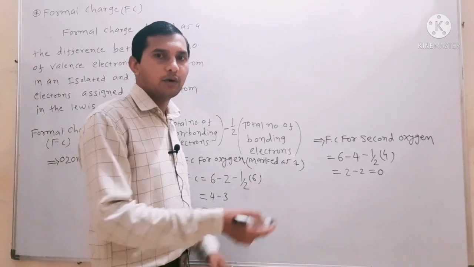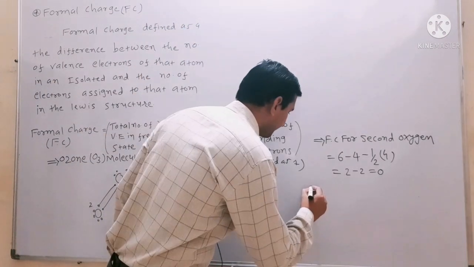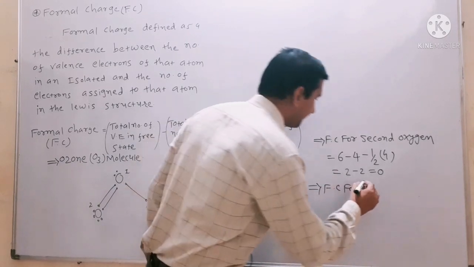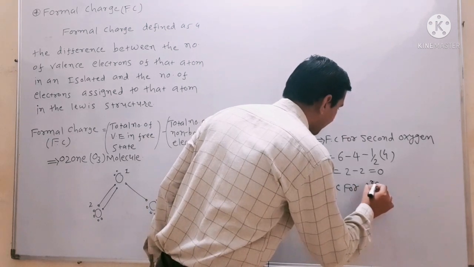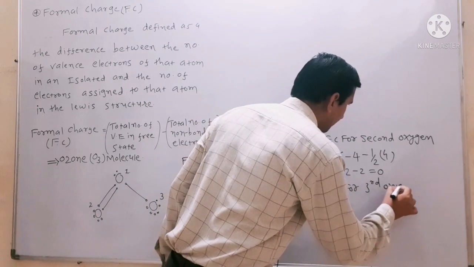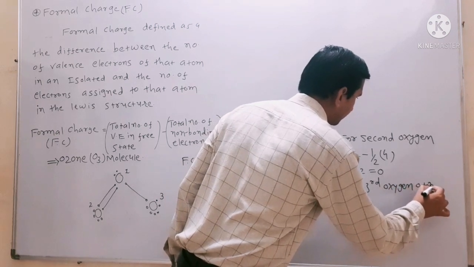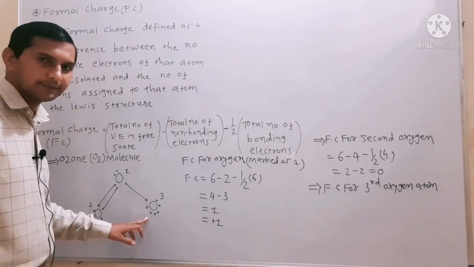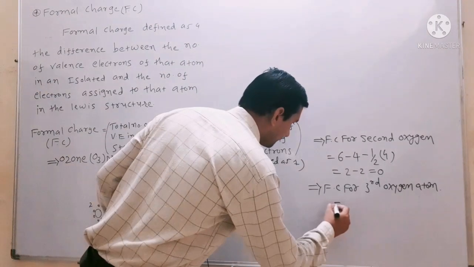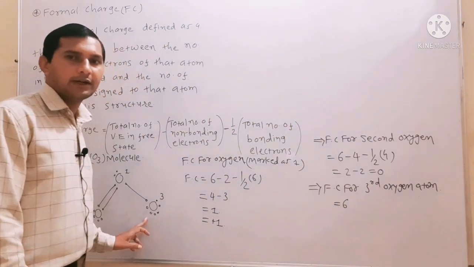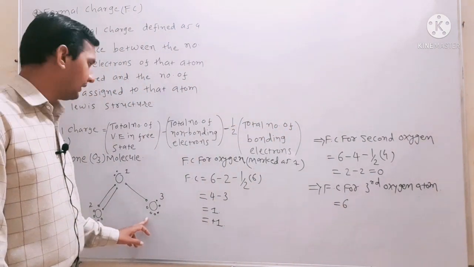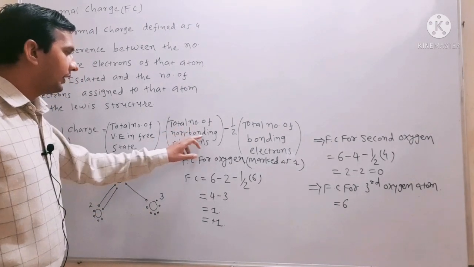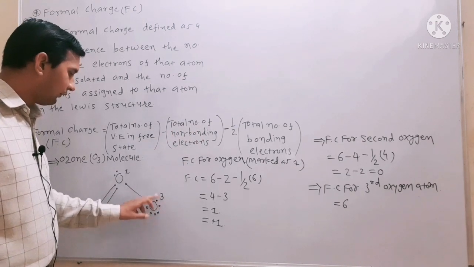Now calculate for the third oxygen. Formal charge for the third oxygen atom. The third one is here. Formal charge equals the number of valence electrons in free or isolated state, which is 6, minus total number of non-bonding electrons: 1, 2, 3, 4, 5 and 6.